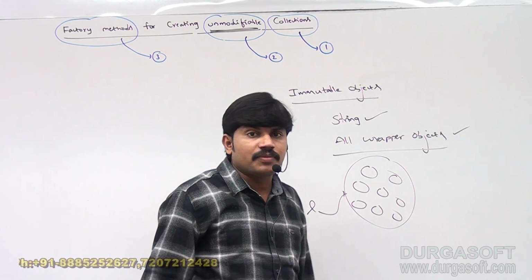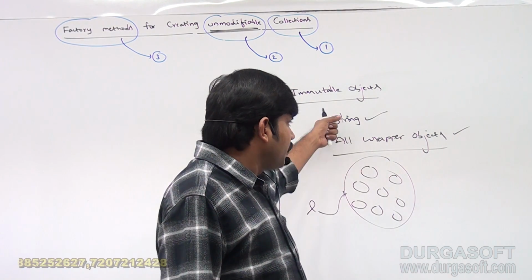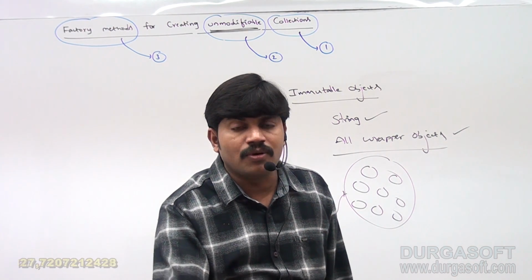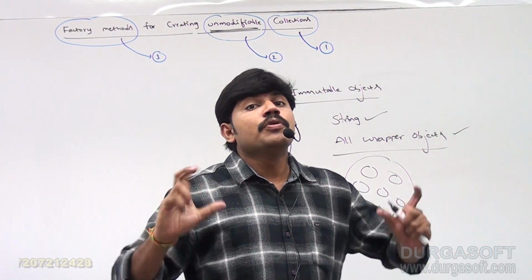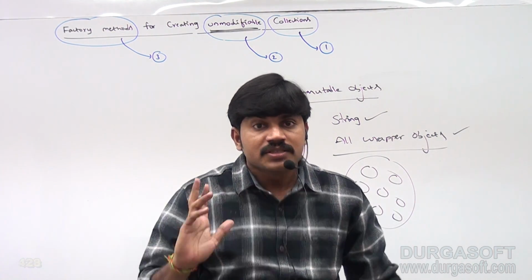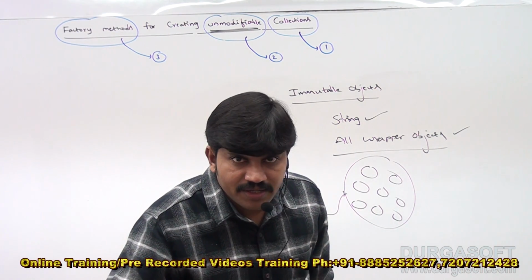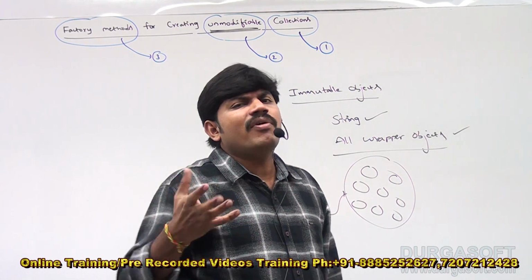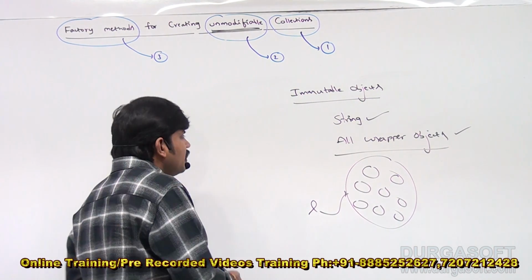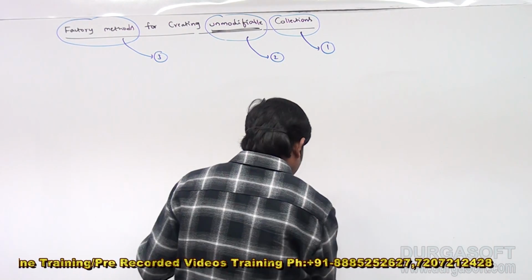Such objects are by default considered as what? Immutable objects. It may be a collection object, a string object, a wrapper class object, or it may be a student object, customer object also. What is the meaning of immutable? We can't change the content of this object. Such a nature is by default considered as what? Immutable. Clear? Are you getting, right? Now what is the advantage of this immutable object? Very simple. Let me explain a small story with respect to the string so that you can be aware.